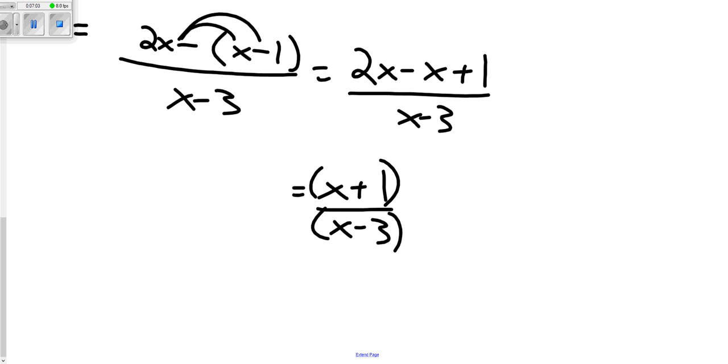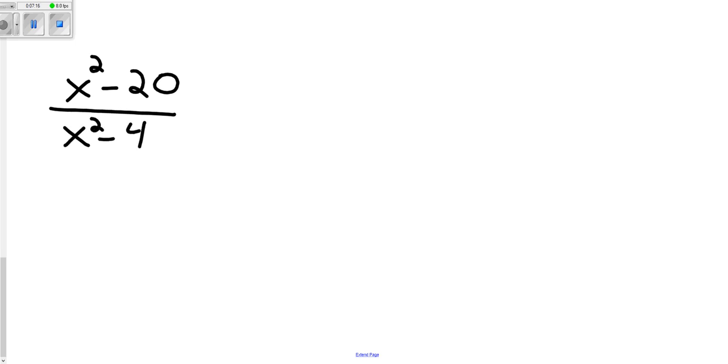All right, let's kick it up a notch here. Let's go with something like x squared minus 20 divided by x squared minus 4 plus x minus 2 over x plus 2.